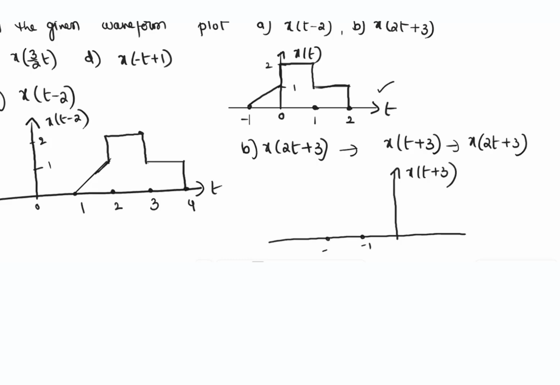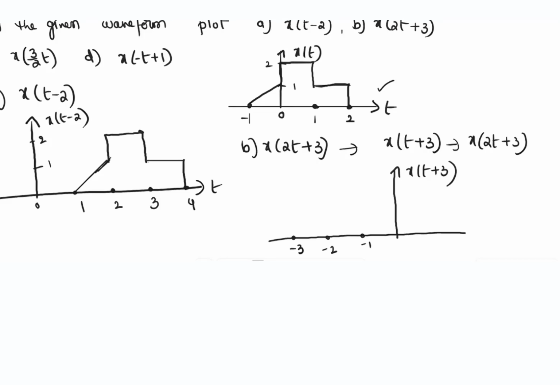minus 1, minus 2, minus 3. 0ని minus 3 కి షిఫ్ట్ చేస్తే ఇక్కడ ఇంకొక పాయింట్ రావాలి. దట్ ఇస్ minus 4. One, 2. So 4 to 3 ramp.